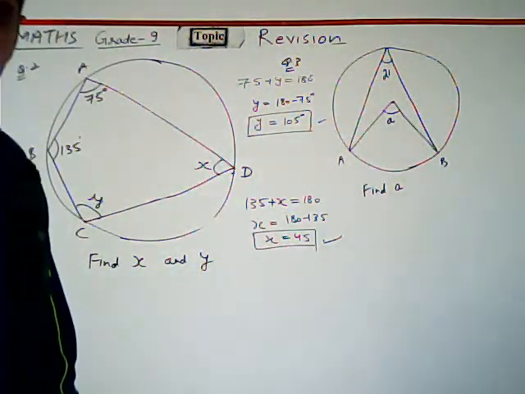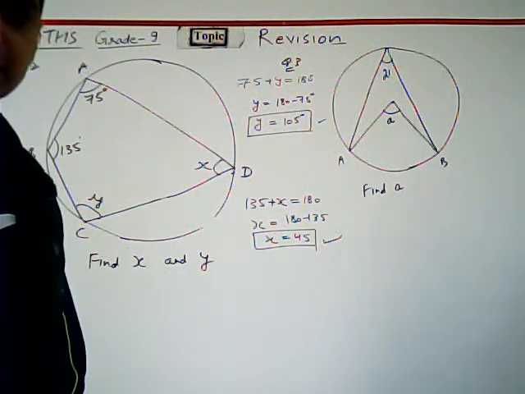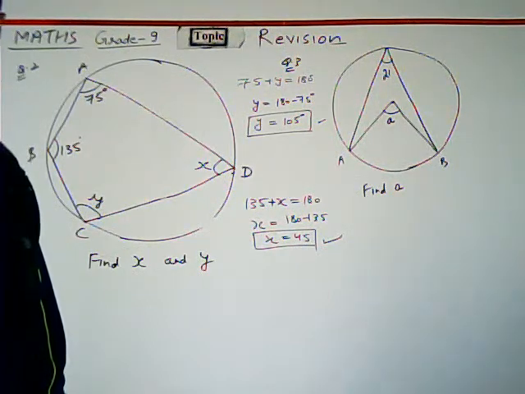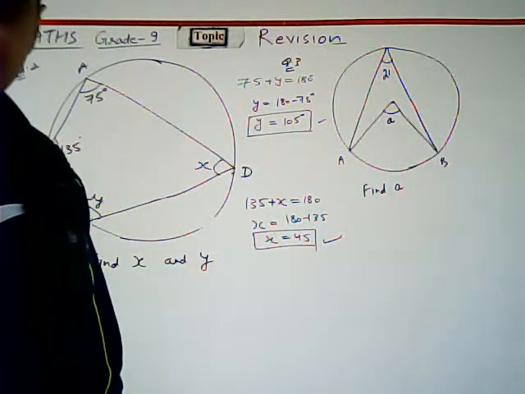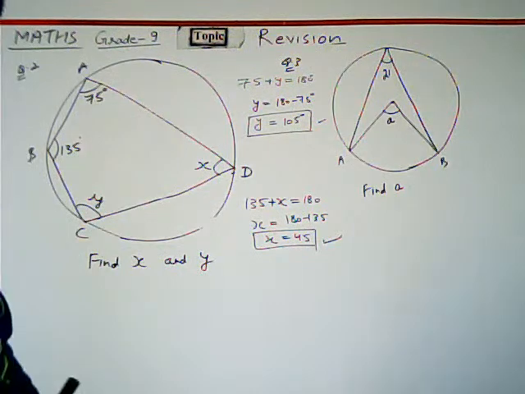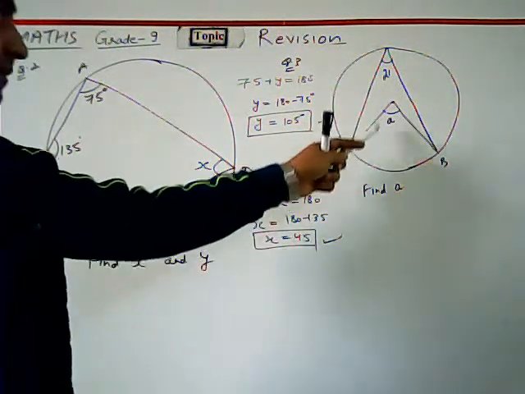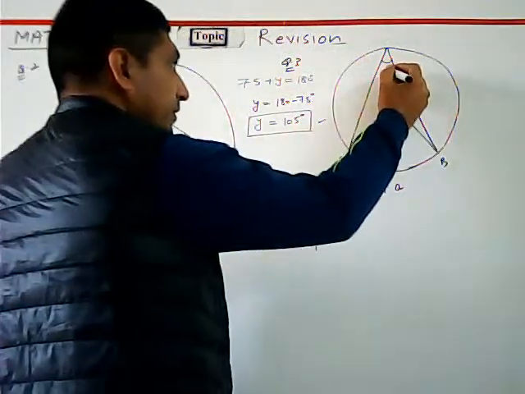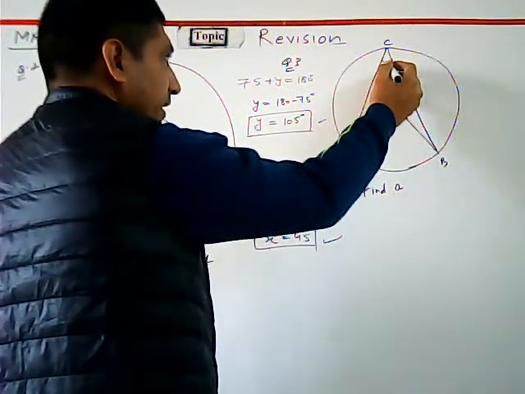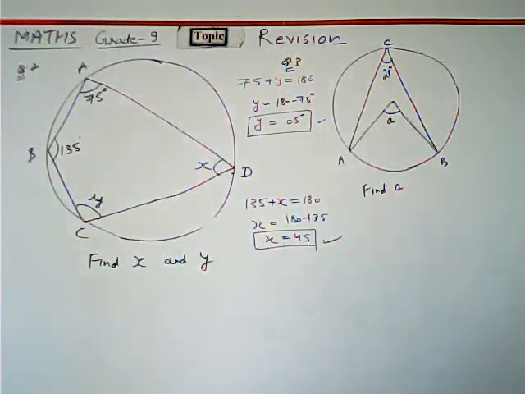Okay, so we know the properties of a cyclic quadrilateral. So we write x is 45 and y is 105. So many students are participating. Then what is the value of A here? This angle ACB is 21 degrees, and you have to find the value of A. Very right, Harjot, it is 42 degrees.